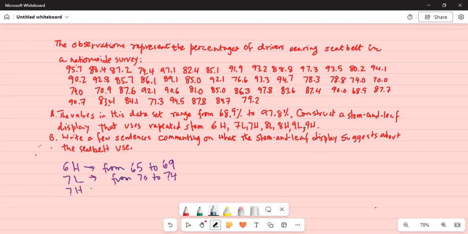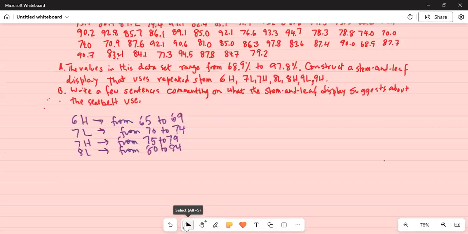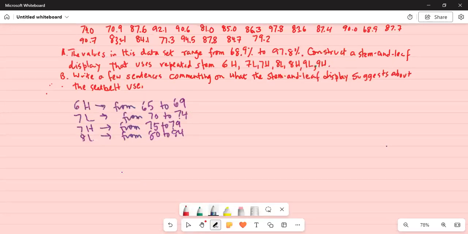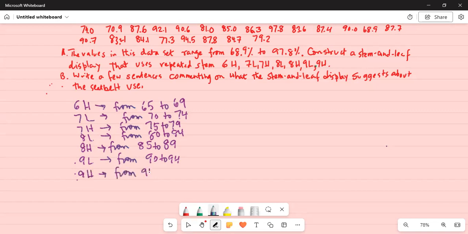Then 7 high from 75 to 79. 8 low will be from 80 to 84. 8 high from 85 to 89. 9 low from 90 to 94. And 9 high from 95 to 99.